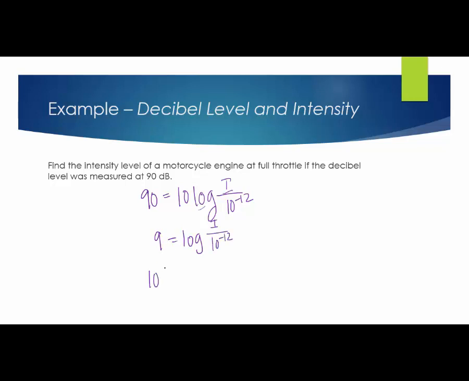I'll take 10 to the power of each side to undo my logarithm. And multiply by 10 to the negative 12th on both sides to get I. This is 10 to the negative 12 plus 9, which is negative 3, or 1 over 1,000 watts per meter squared.